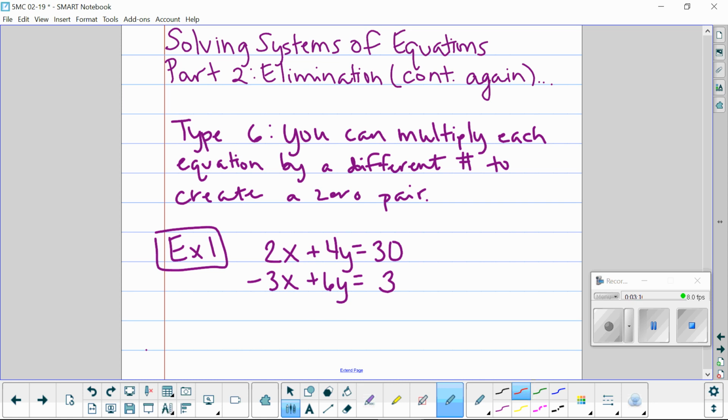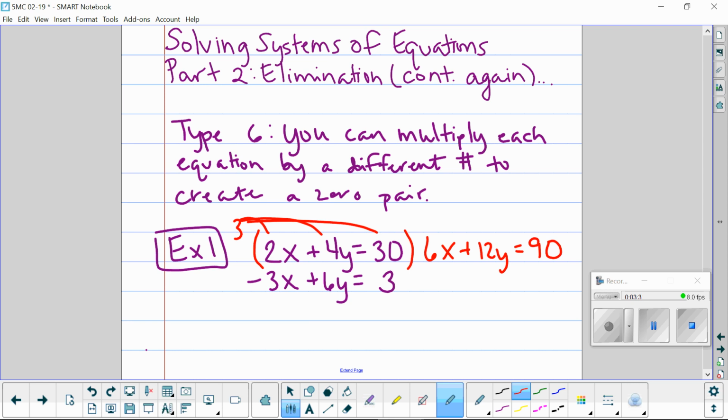So hopefully you're noticing that I could multiply this top equation by 3, and that will give me 6x plus 12y equals 3 times 30 is 90.